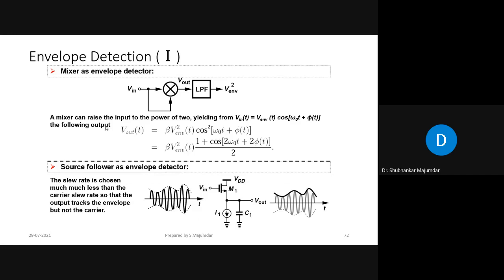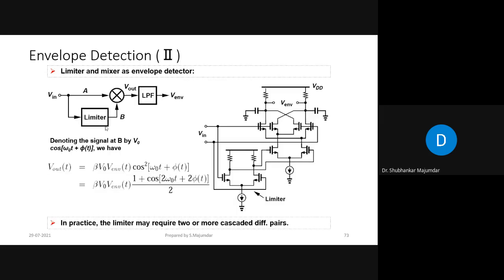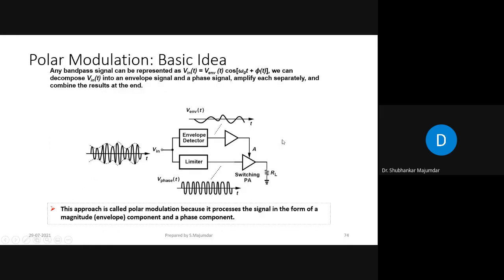The slew rate is chosen much less than the carrier slew rate, so that the output tracks the envelope but not the carrier. So in practice, the limiter may require two or more differential circuits. So as you can see, by introducing the envelope carrier with a limiter, the circuit gets more complex.